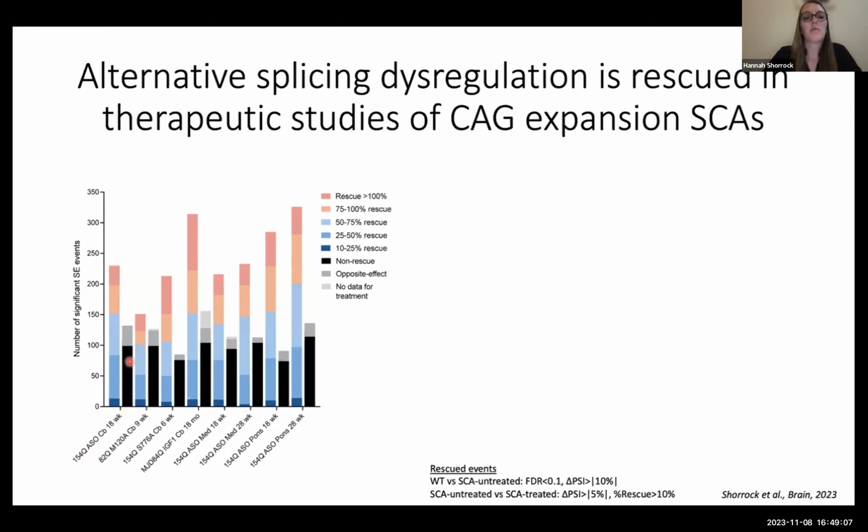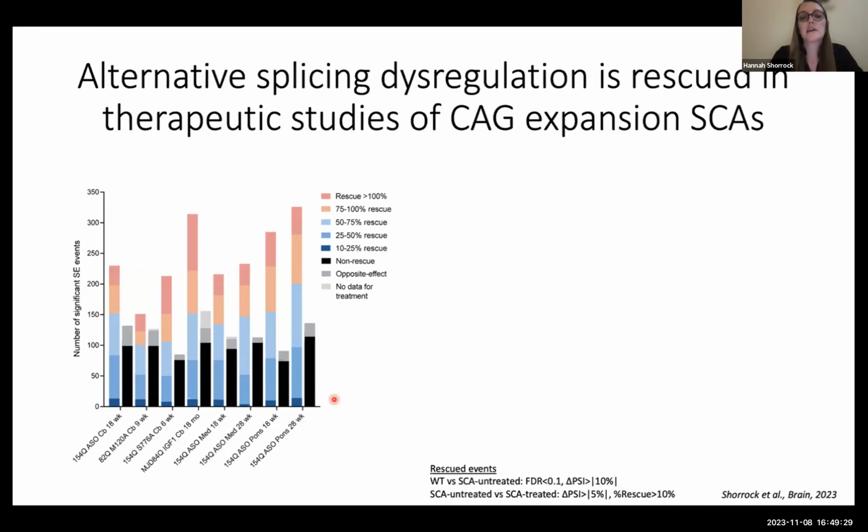We do have a large proportion of events here that aren't rescued or that perhaps even show a worsening of their degree of change. And you can see across the board here that most of these data sets do have more events that are rescued than the number of events that aren't rescued or that show an opposite effect.